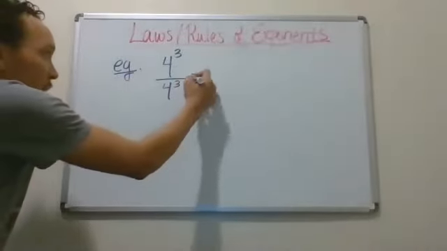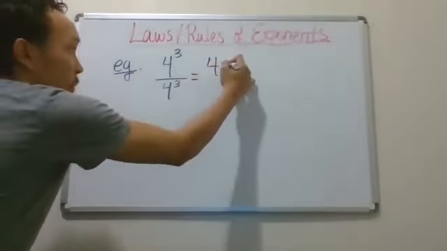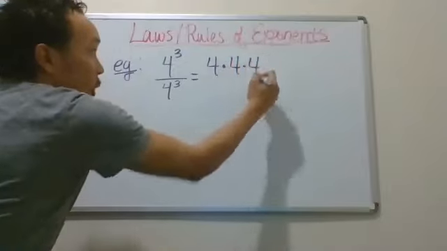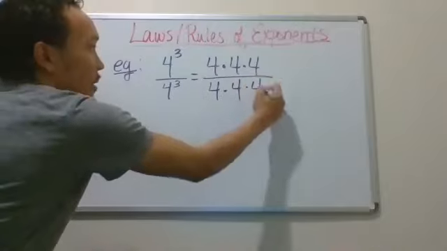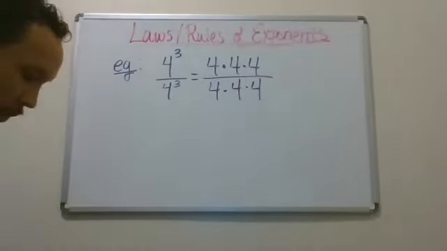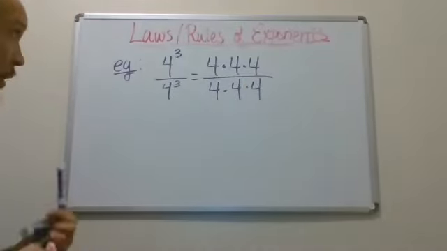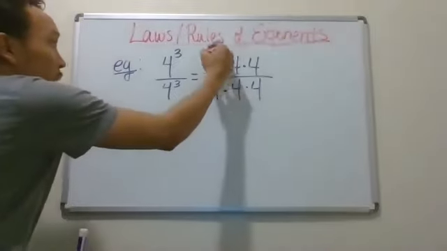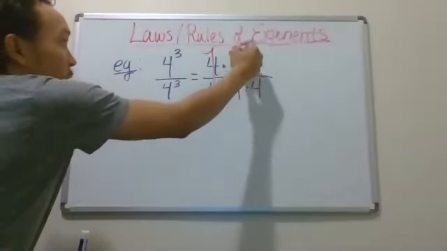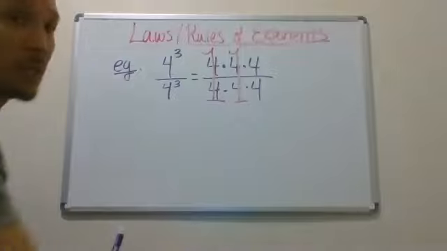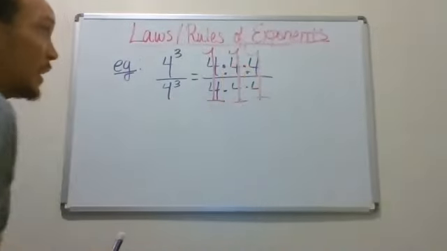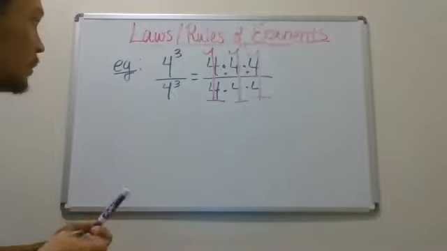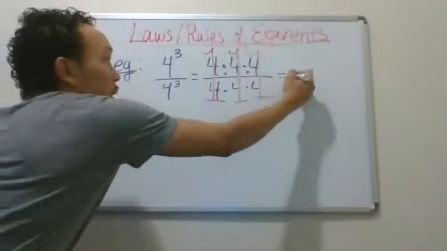Well, this is equal to an expanded form, 4 times 4 times 4 divided by 4 times 4 times 4. And after we simplify, we end up with 4 divided by 4 is 1, 4 divided by 4 is 1, 4 divided by 4 is 1. When we multiply these ones together, we end up with simply 1.